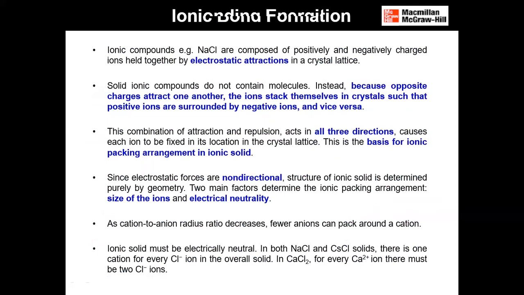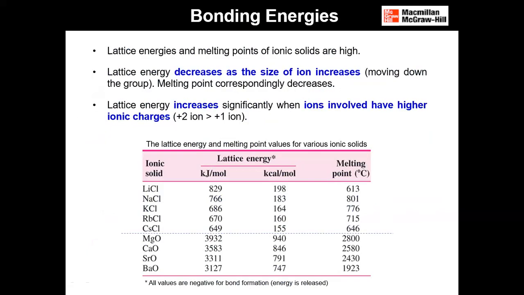Look at the bonding energies here. The lattice energy decreases as the size of the ion increases. Of course, because once the size is increased, there is less attraction from the center. The lattice energy increases significantly when the ions involved have higher ionic charge. For example, a +2 ion has a higher charge compared to +1. Look at here, if we compare LiCl and MgCl2, the melting point of MgCl2 is much greater compared to LiCl.